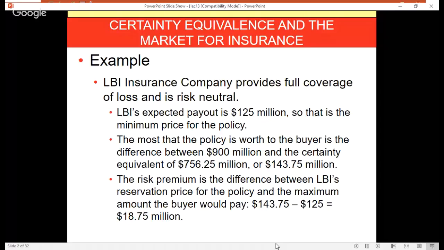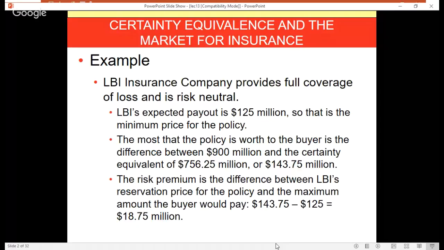That's the top value, which you have to pay, 900 million minus the expected value. The most the policy is worth to the buyer is the difference between 900 million and the certainty equivalent, which is 143.75 million. So that 143.75 minus 125 is his risk premium.